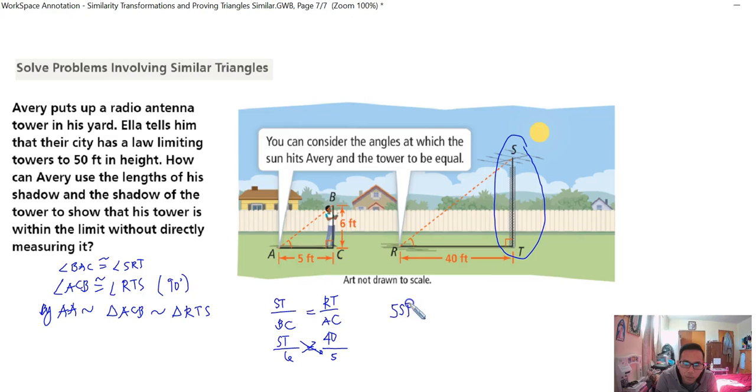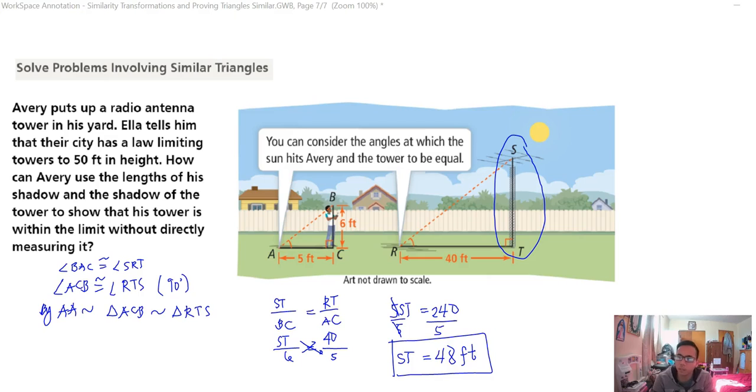So 5 ST is equal to 6 times 40, which will give us 240. And then I'm going to divide both sides by 5, so that ST is equal now to 48 feet.